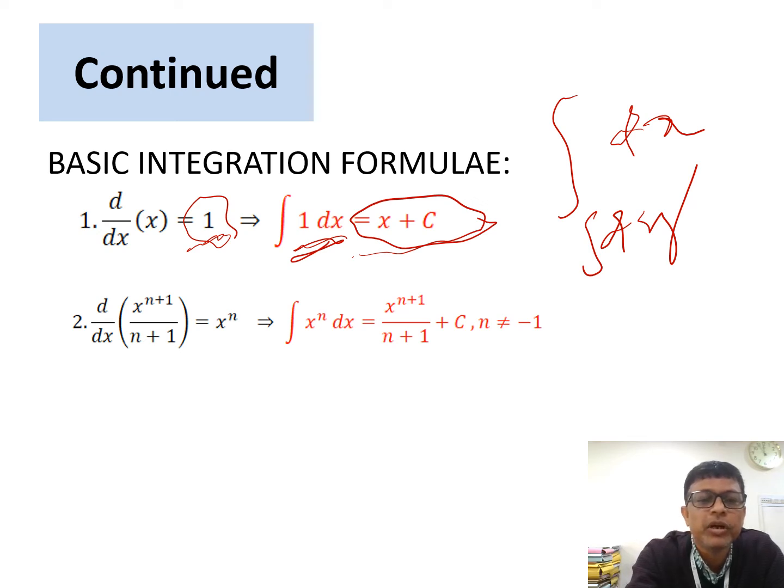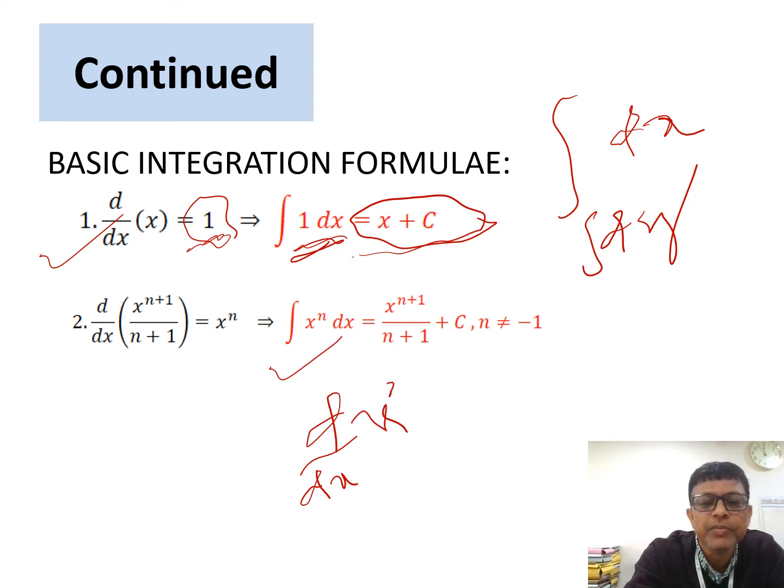This is the well-known derivative of x, and the integration of 1 is this. Now we will go for the integration of x to the power n. How can we find this? We know the derivative of x to the power n is n into x to the power n minus 1.